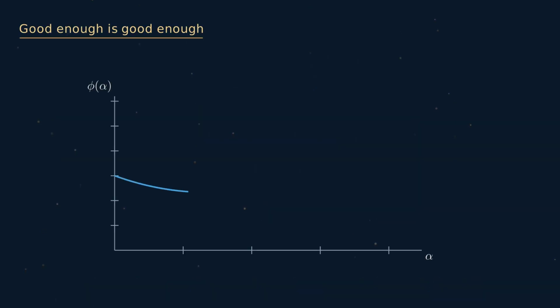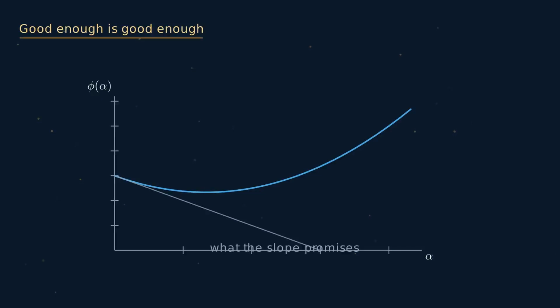One last idea, and it is the one real solvers actually use. Inside a big optimizer, nailing the perfect step is a waste of effort. The direction will change at the next iteration anyway. We just need a step that makes honest progress. At the start, the slope makes a promise: keep falling at this rate, and the cost drops along this line.